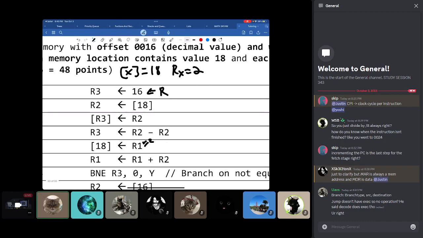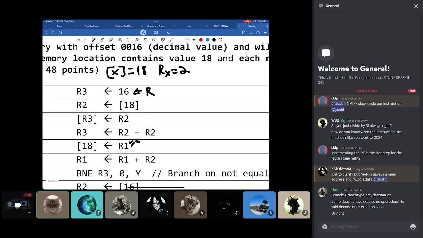So this is an R type. We never went to main memory, so that's going to be a memory reference count of just 1. Okay, so that's 1. This is 2 because that's a load type. This is 2 because that's a store type.